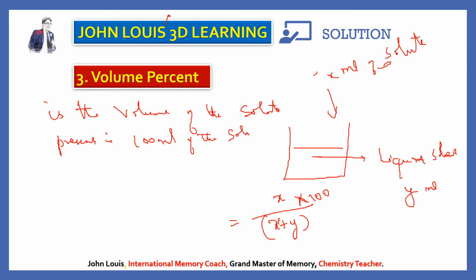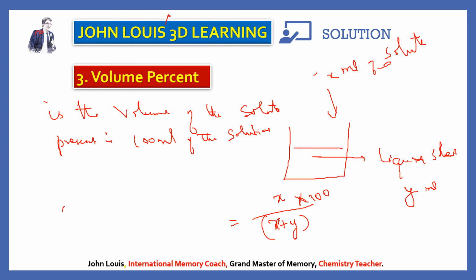That is why in the denominator we have taken x plus y. x is the volume of the solute, y is the volume of the solvent, therefore the volume of solution is x plus y. Out of x plus y, the volume of solute is x ml. If x plus y is 100, how much will that be? This will be the volume percent of the solute. This volume percent is calculated when both the solvent and the solute are liquids.